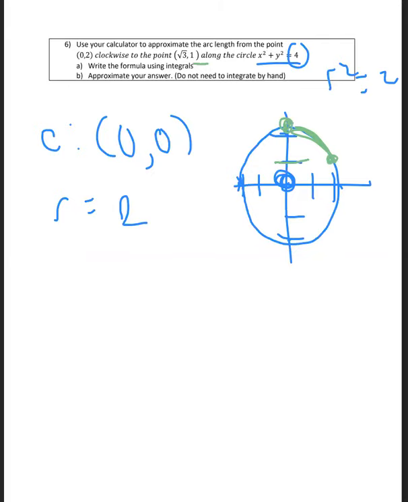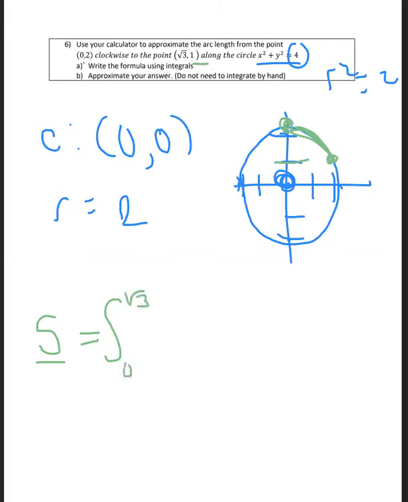So really, I'll review the arc length formula. Remember, S is arc length, the integral from a to b, depending on what you're looking for. In this case, it would be from 0 to radical 3.